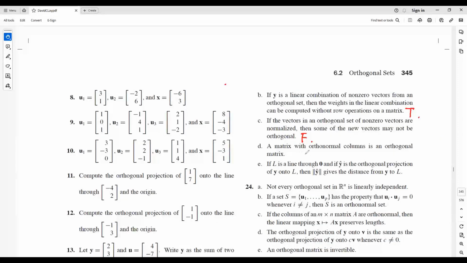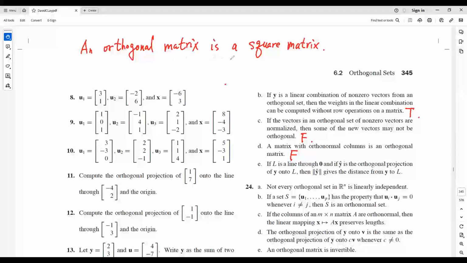D. A matrix with orthonormal columns is an orthogonal matrix. False. An orthogonal matrix is a square matrix.